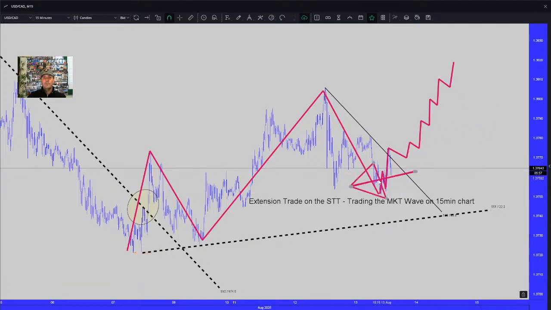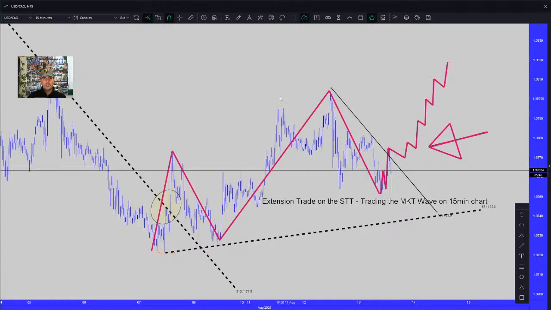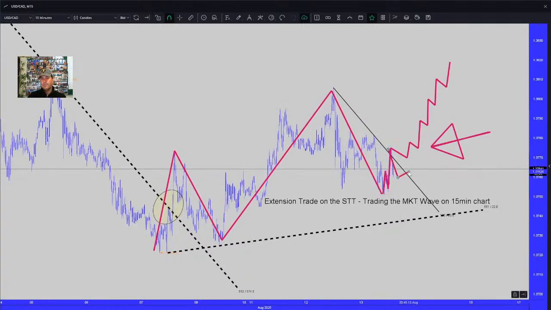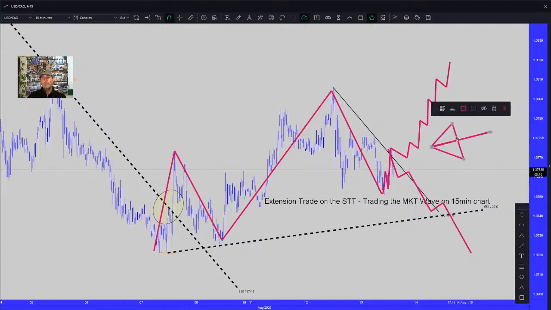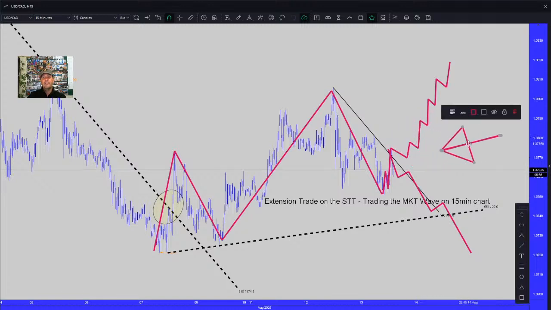Okay, so me on the 15-minute chart, I might be thinking, okay, I'm trading an extension, nothing wrong. So if I'm going to lose, not today, but in the future, in the advanced institutional trader course, you are going to learn about risk.